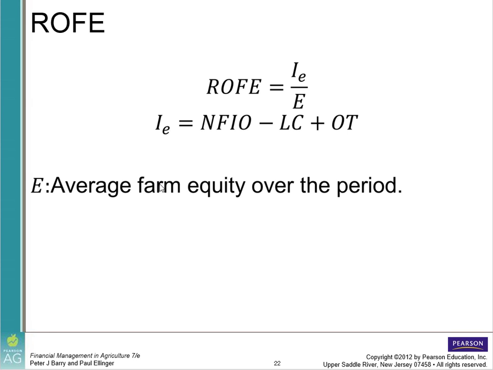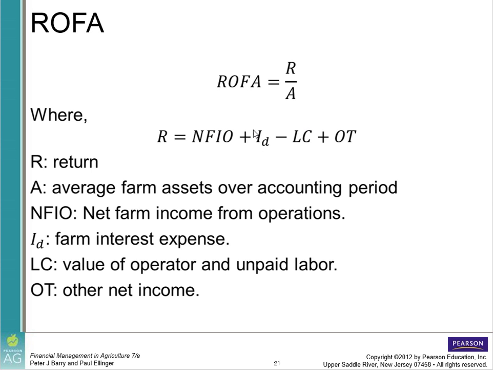So then the next thing is the return on farm equity. Now remember, when we're talking about equity, don't forget the main idea: assets equals liability plus owner's equity. Net worth or total equity, whichever terminology you want to use, they are all the same. So over here, return on farm equity equals IE over E. Now, IE is simply equal to net farm income from operations minus LC plus OT, and the definition of each of these three is the same as before.